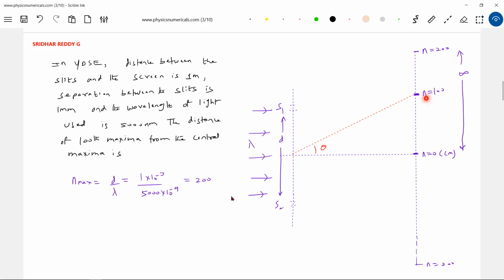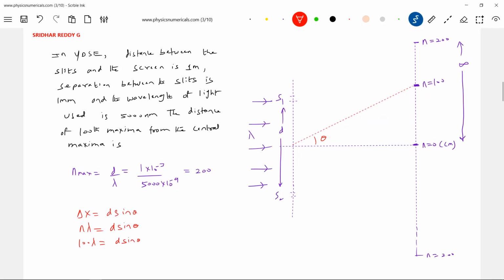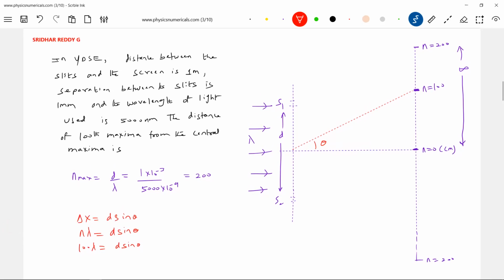Delta x equal to d sine theta, and this should be equal to n lambda, so this should be 100 lambda. So the calculation of this will be: lambda is 5000 into 10 to the power of minus 9, d is 1 into 10 to the power of minus 3, we will get sine theta.